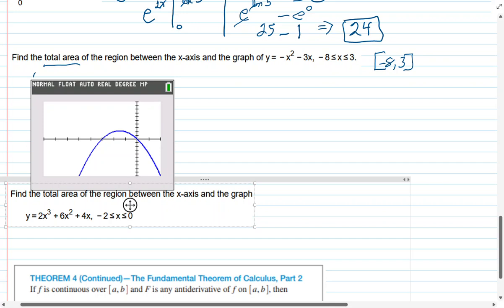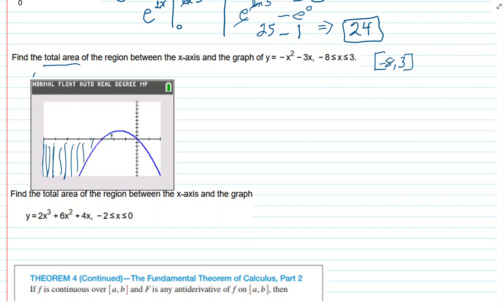All right, so this is what we have. We have from negative 8, 1, 2, 3, 4, 5, 6, 7. Oh, 8 is right there. So we have this area here, this area here, bounded by the x-axis, and this area too is this area here.